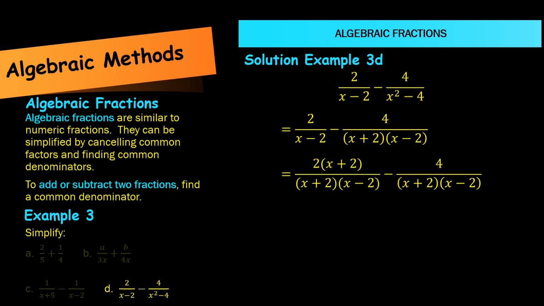So clearly, all we now need to do, in order for both fractions to have a common denominator, is for us to multiply the first fraction, top and bottom, by x plus 2, as shown here.